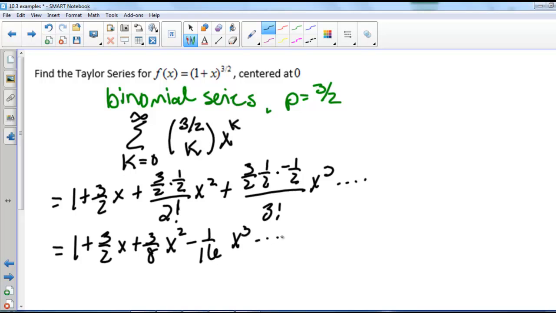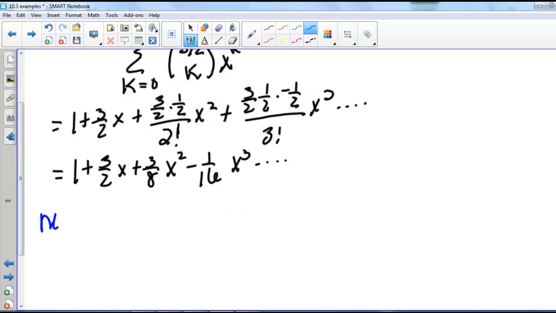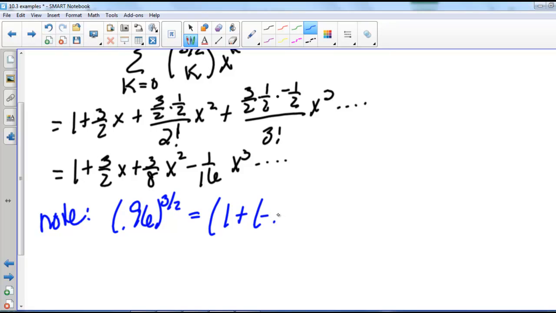And we're going to note that if we looked at 0.96 to the 3 halves, that equals 1 plus negative 0.04 to the 3 halves.